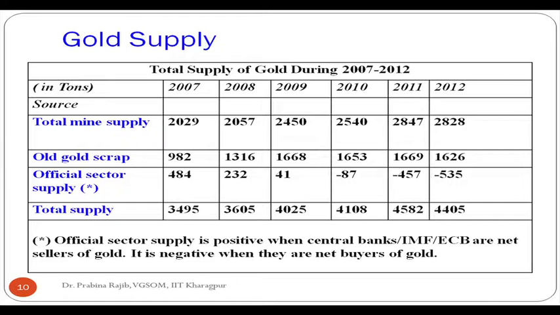If you see, official sector supply is minus 457 and minus 535 in 2011 and 2012 respectively. So that means these central banks have been net purchasers of gold. If they are net sellers of gold, they will be supplying gold, and if they are net purchasers of gold, then they will be buying gold from the market.